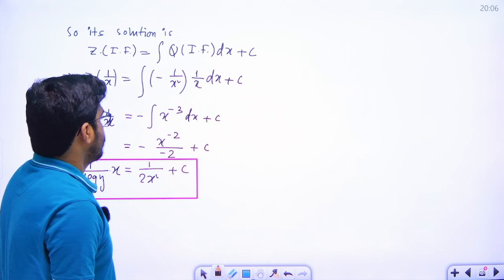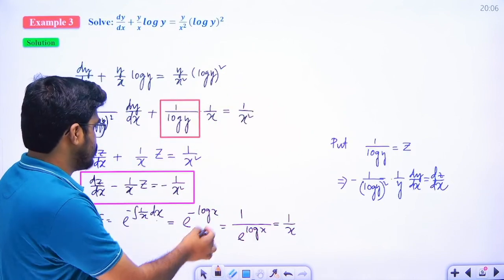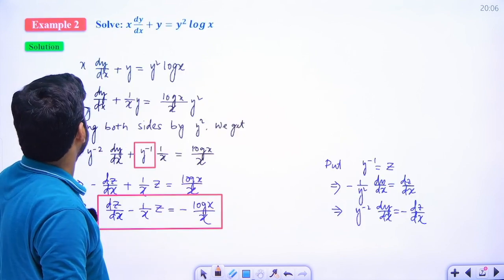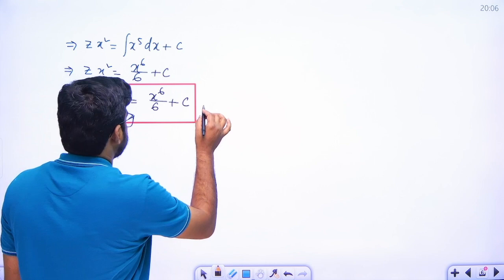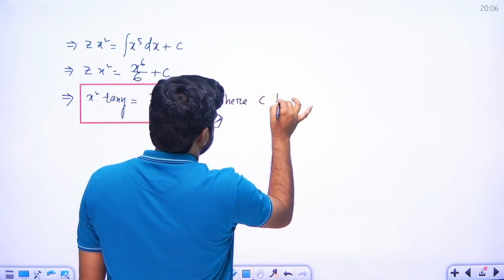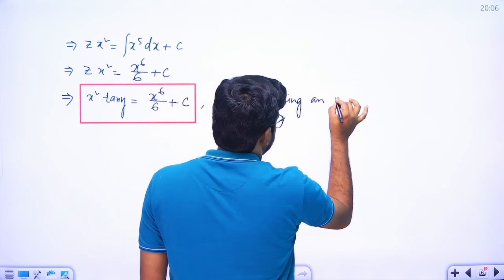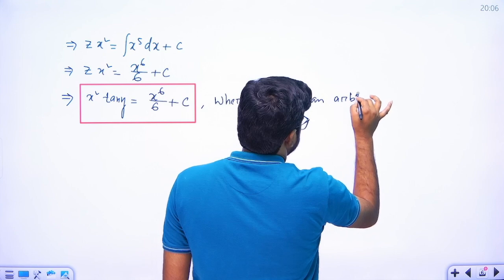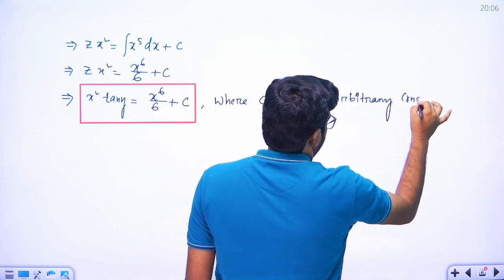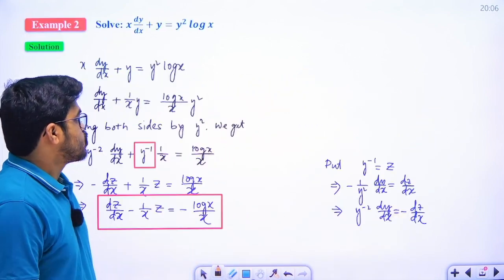Similarly, right here, c being an arbitrary constant. Okay?